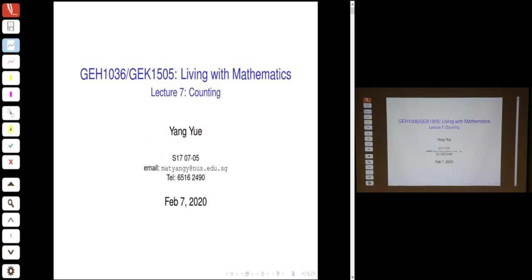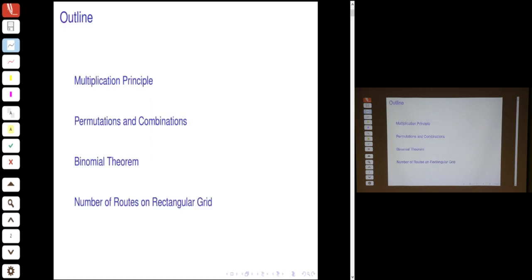Okay, so let's continue. So now our life is much easier. We want to do some counting, which is counting of finite sets. The outline is, first there are some basic principles. We have to use multiplication a lot. And actually, we are going to use factorial a lot, which is a sequence of multiplications. Then we'll introduce some symbols for permutations and combinations.